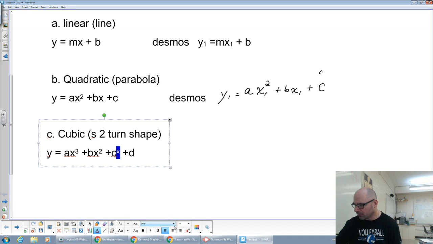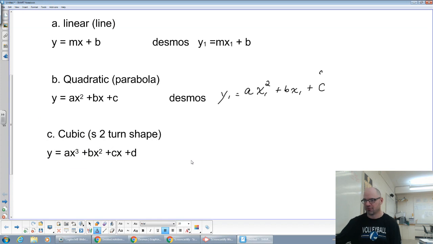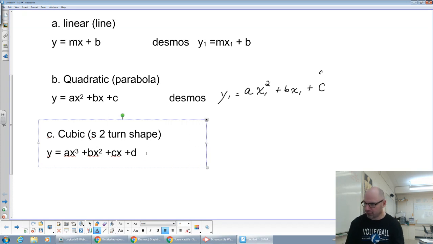I don't have any exponent there. I was trying to exponent the x for whatever reason. Okay, so if we do that one in Desmos, same pattern, you've got to put the sub 1 in there.